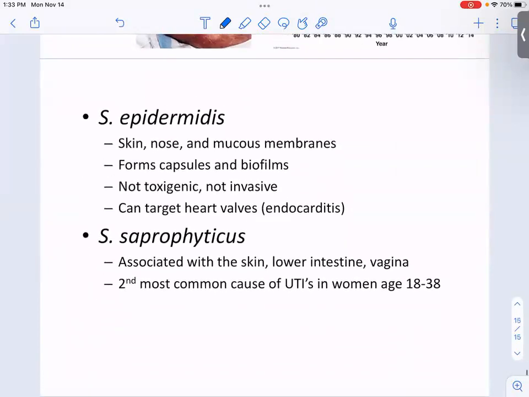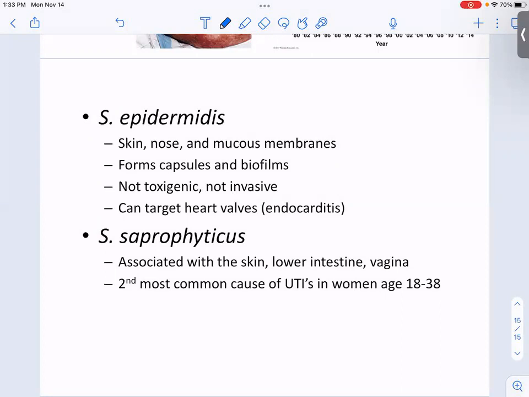Just want to mention a couple of the other more common staphs, the ones that you hear about all the time, Staph epidermidis and Staph saprophyticus. Staph epidermidis is really normal microbiota, commonly on our skin. Remember we talked about microbial antagonism. Probably it outcompetes other kinds of microbes that would be more likely to cause an infection.